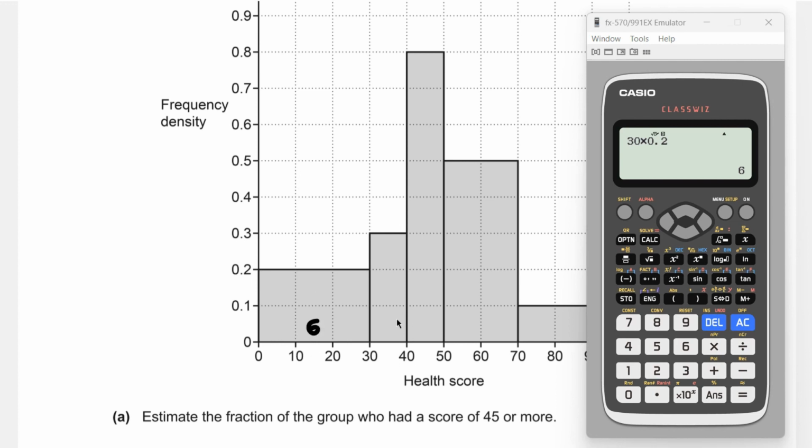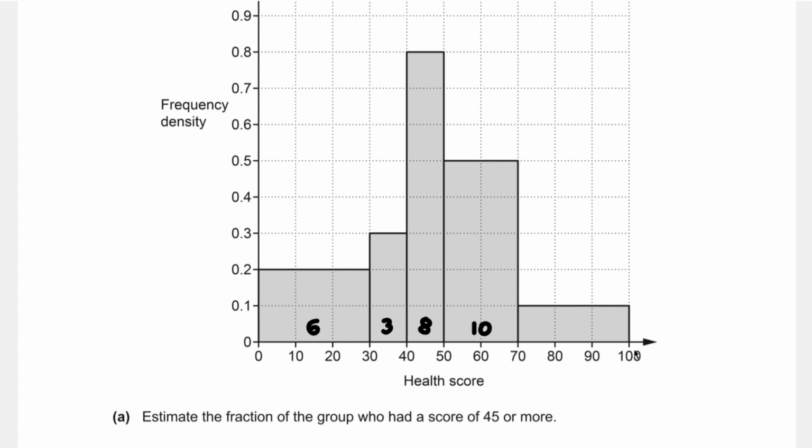Here we've got 10 times by 0.3, which is 3. Here we've got 10 times by 0.8, which is 8. Here we've got 20 times by 0.5, which is 10. And then we've got 30 times by 0.1, which is 3.